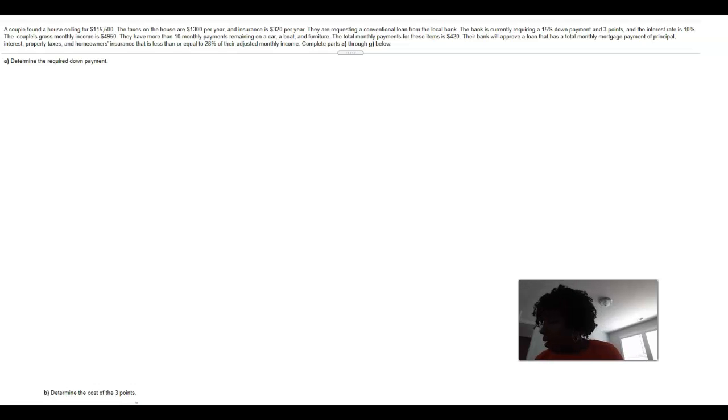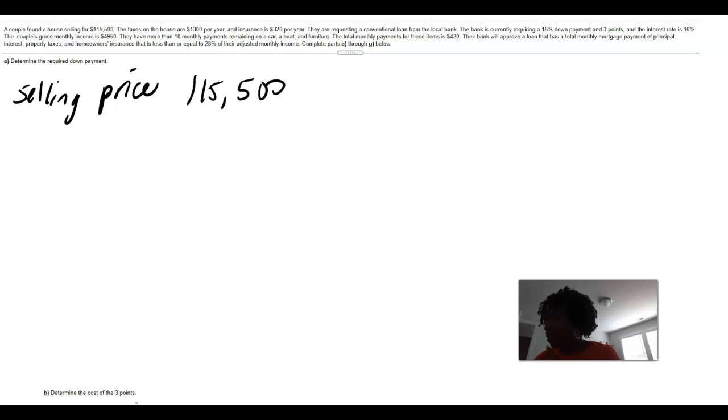So, part A asks us to find the required down payment. The selling price of the house is $115,500, and there's a 15% down payment required.